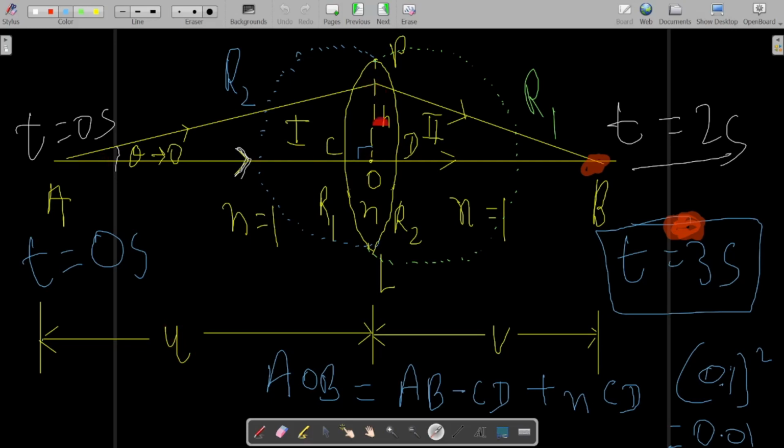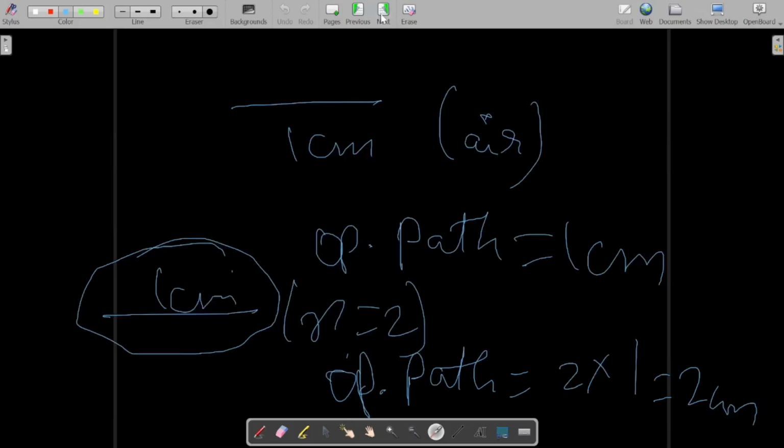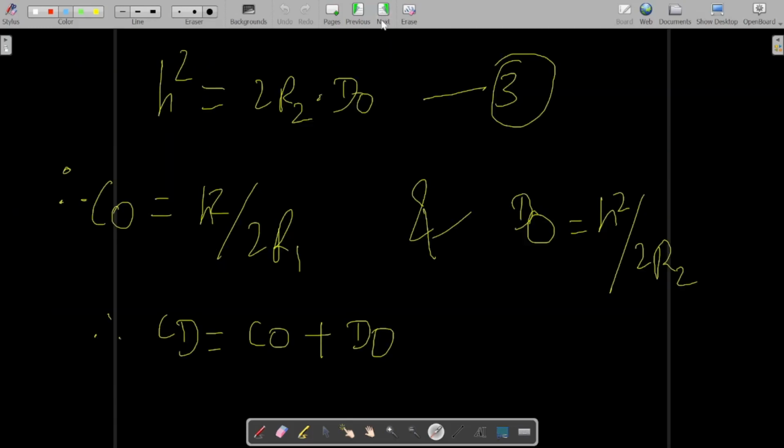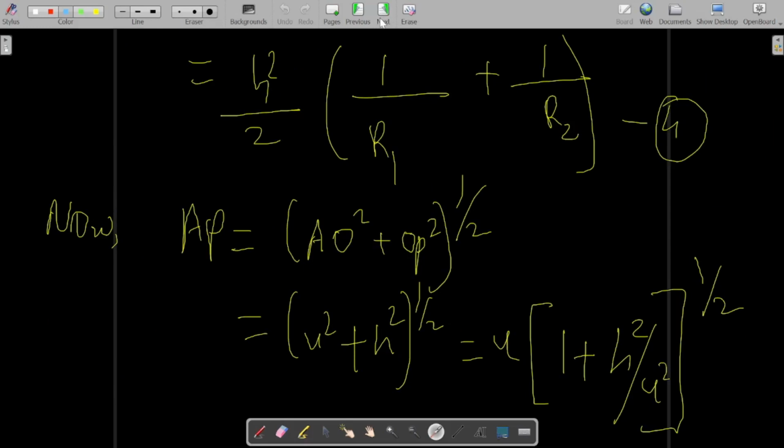OP is H, so H square will come over there. So U square plus H square, square root.